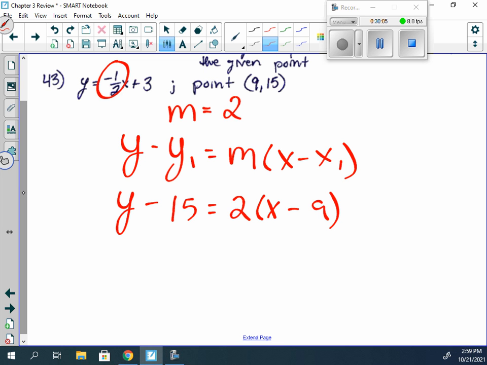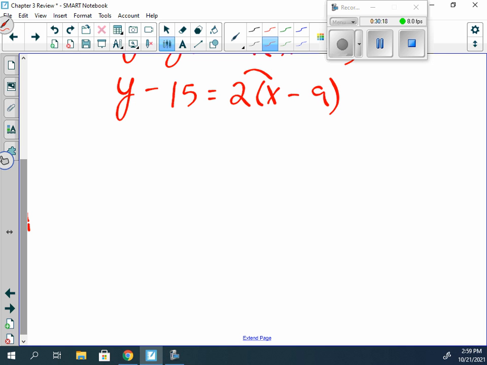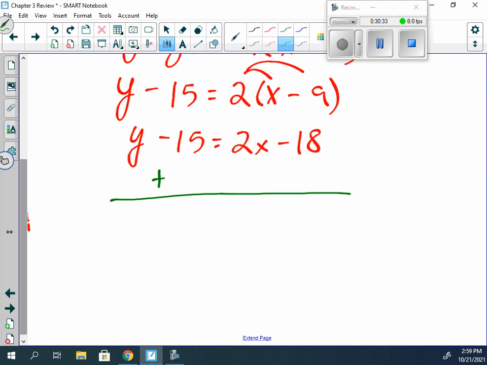So we plug in the 9 and 15: 15 for y, 9 for x, and our slope is 2. Now we just need to get y by itself. The first thing we can do is distribute the 2. Minus 18, because 2 times x would be 2x, and 2 times 9 would be 18. Then we would add 15 to both sides.